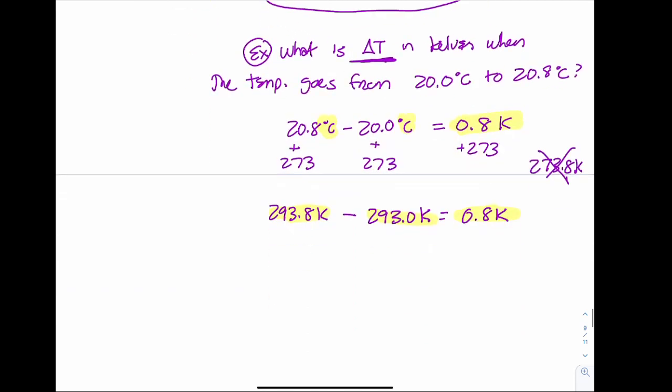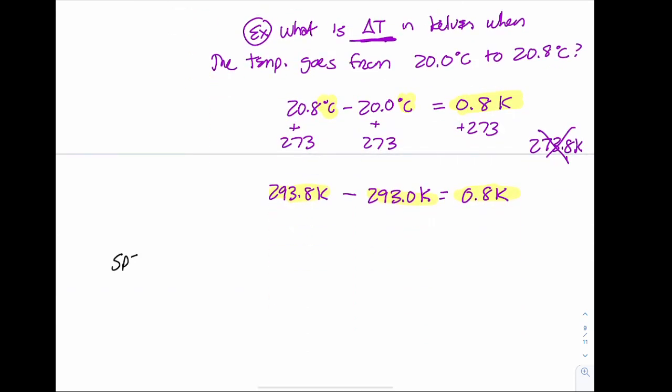I also wanted to find specific heat. And specific heat is very similar to heat capacity, but it's specific to the amount, actually the mass, of my substance. So this is going to be the amount of heat needed to raise the temperature of 1 gram of a substance by 1 degree Celsius or 1 Kelvin, right? If it goes up by 1 Celsius, it's also gone up by 1 Kelvin, or down.